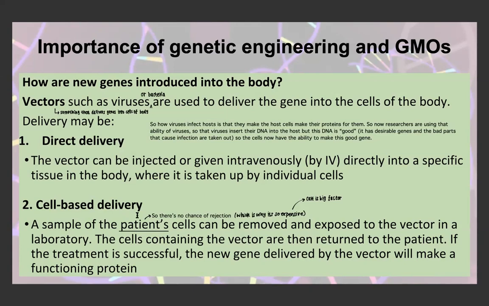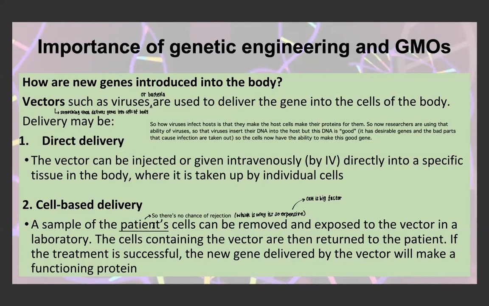It also can be through cell-based delivery, where the patient's cells are removed from the patient's body. Then they're exposed to the vector in the lab. Once the cells now contain the vector, they're then returned to the patient's body. And if the treatment is successful, the new gene delivered by the vector will make a functioning protein.